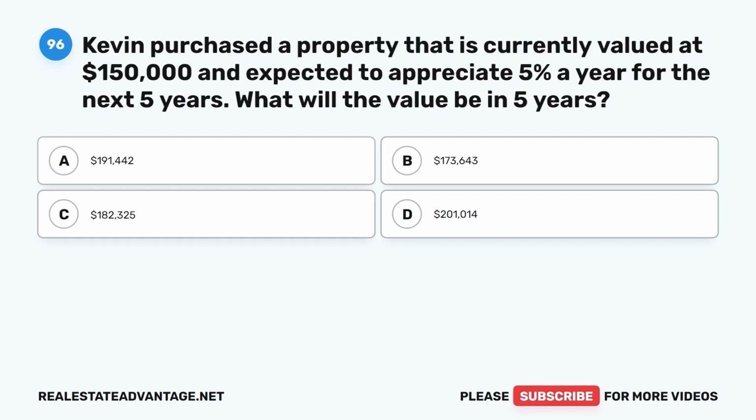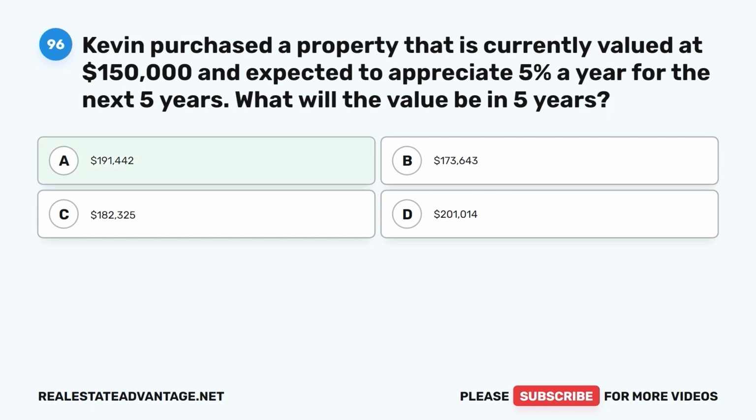$6,250 value. Question 96. Kevin purchased a property that is currently valued at $150,000 and expected to appreciate 5% a year for the next 5 years. What will the value be in 5 years? A. $191,442. B. $173,643. C. $182,325. D. $201,014.